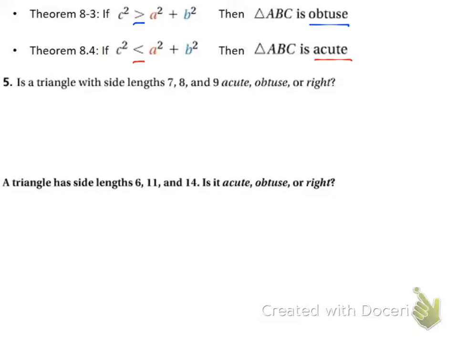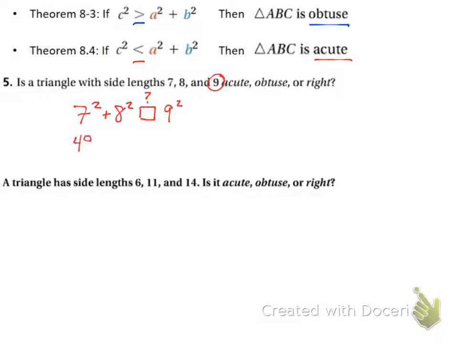And so the way that I can do this is again, just see whether my hypotenuse is bigger or less than. And so when I do this, again, I can circle my 9. That's going to be my C. And so I can go 7 squared plus 8 squared. And then I want to figure out what it is, 9 squared, whether it's bigger or smaller.